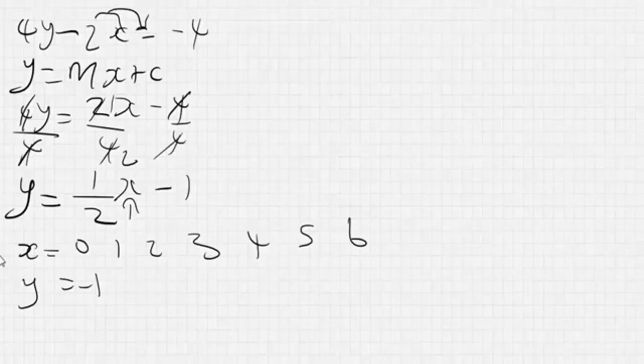So let's make use of the points that won't give us a fraction, so that this graph will be easy for us to plot. When you plug in 2, you're going to have 0. When you plug in 3, you are going to have a fraction. When you plug in 4, that's 4 over 2, 2 minus 1, we're going to have 1.